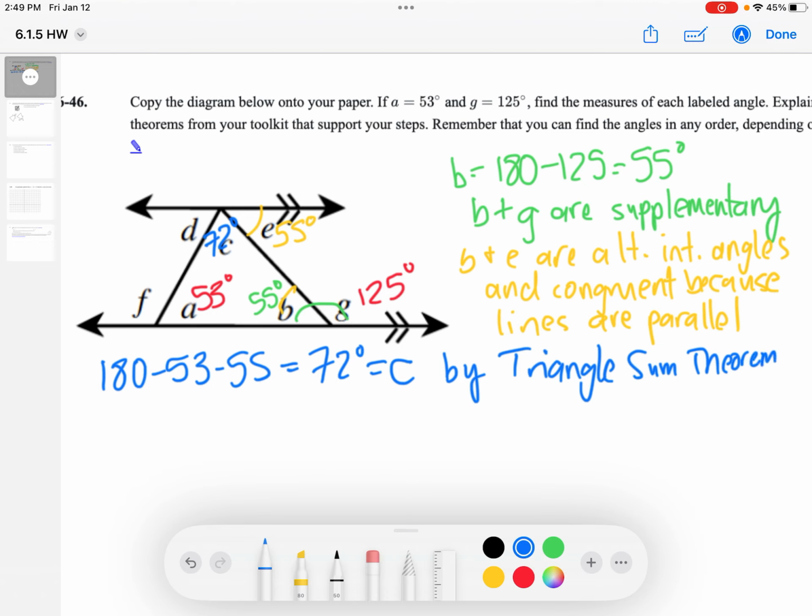All right, what do I have left? F. Well, maybe I'm trying to think of an interesting order to do things. I know that A and D are also alternate interior angles.